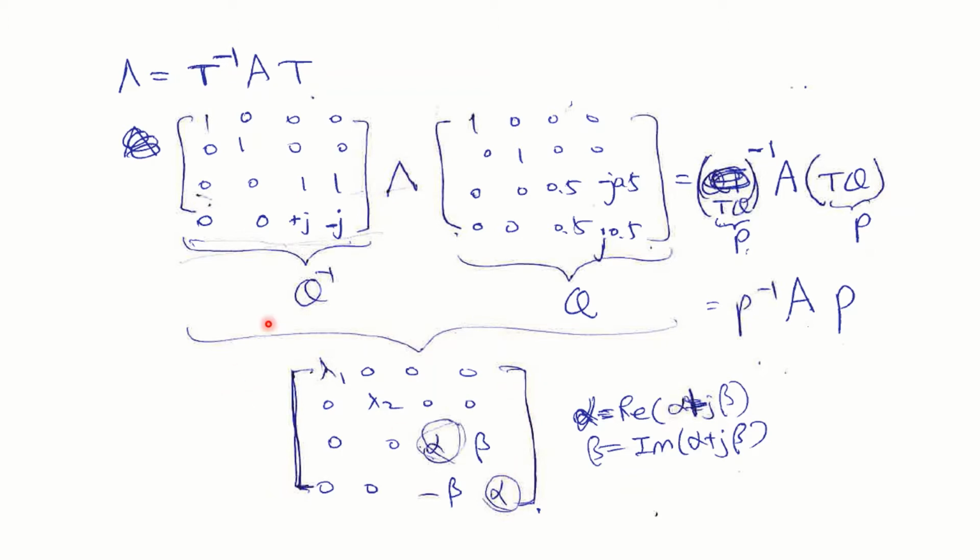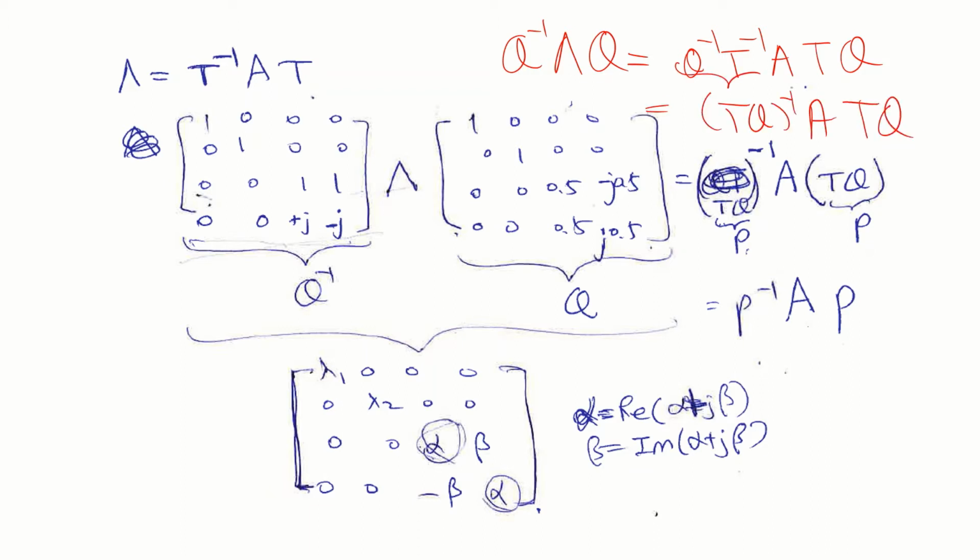So T was this one. Now you pre-multiply with Q inverse and post-multiply with Q, so it is going to be like this: Q inverse T inverse A T Q, because we have Q inverse Q. This is the same as TQ inverse A and TQ, and we call this TQ as P. This is the new transformation matrix, so that your lambda becomes this one.